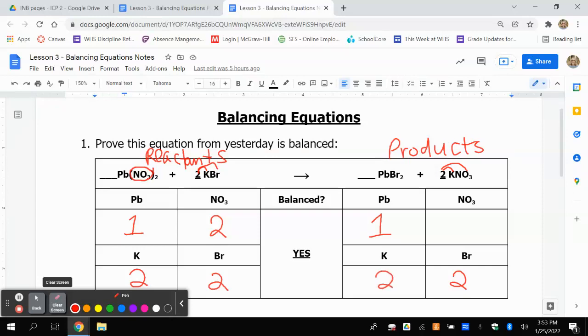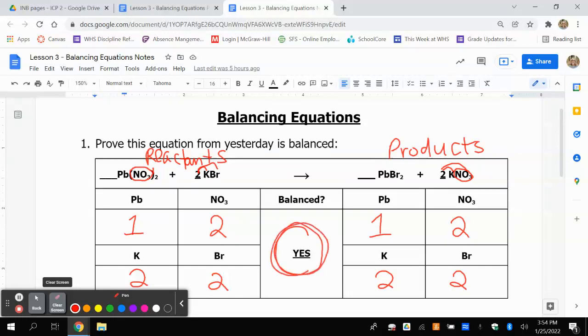And we're thinking about NO3 as one thing, remember. So we only have two NO3s. It's not 6 because NO3 is one thing, so we don't need to multiply to that 3. It's just 2 NO3s. Okay, we can see now our number of atoms on the reactant side and the product side are equal to each other. So yes, this is balanced now.